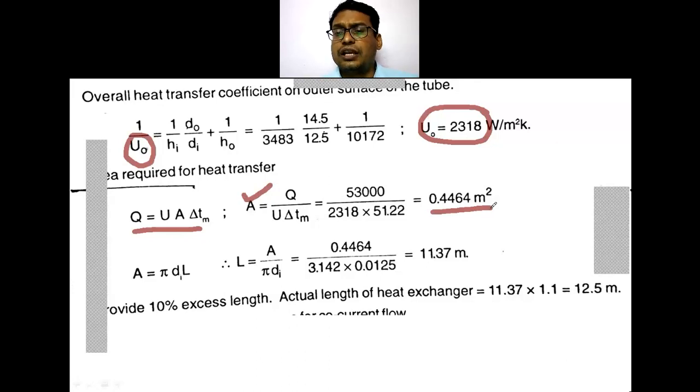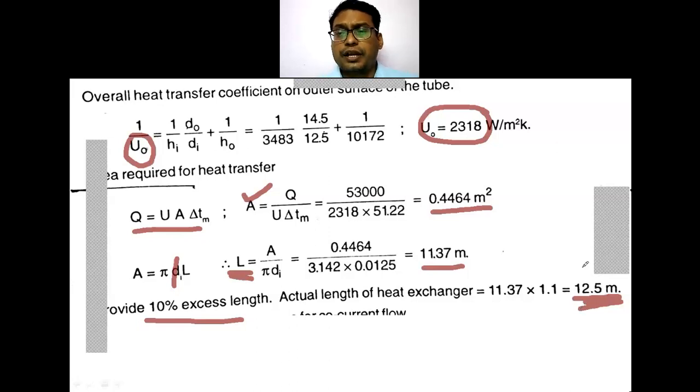And this is not a very large area. That is why we have used the double pipe heat exchanger. And as we know the diameter, the length of the pipe is calculated as 11.37 meters. So provide this excess 10% length, you will get our actual length of the heat exchanger, that is 12.5 meters is the actual length that is required.